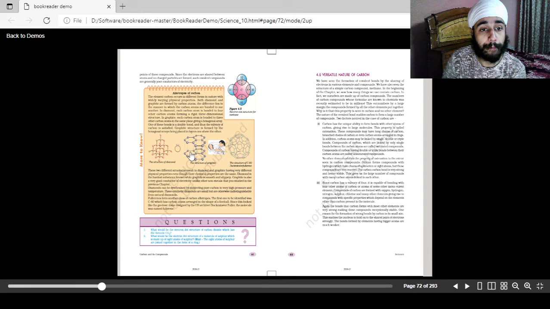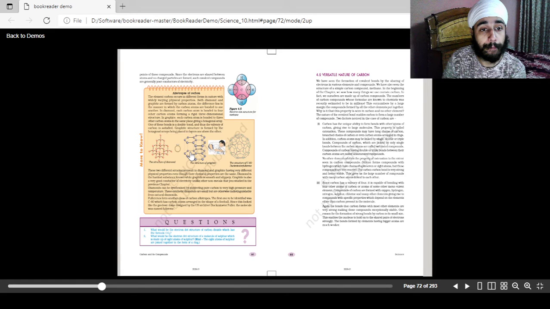So the diamond is the hardest substance known, while graphite is smooth and slippery.